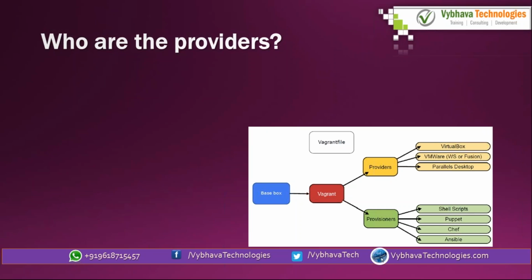To create those, we should have a provider. The Vagrant file tells what provider you want to use. I am going to use VirtualBox. You can use VMware, Parallels, and other options are also there. And for provisioners, we have shell script, Puppet, Chef, Ansible. These are the different provisioners, just scripts that will be checking for you.